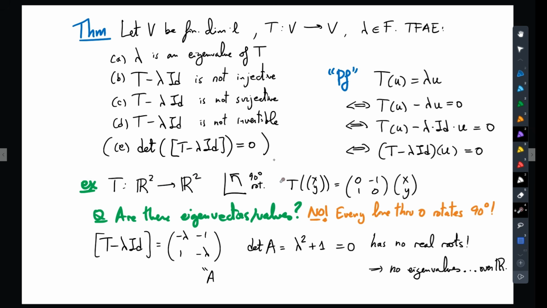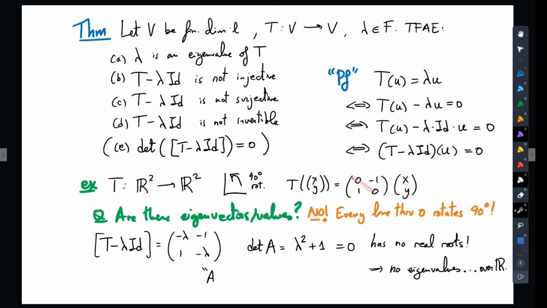So let's see how this actually tells us that I am right. Here the transformation in coordinates with respect to the canonical basis is the matrix (0, 1; minus 1, 0) times (x, y). Are there any eigenvectors or eigenvalues? If so, I can construct the operator T minus lambda times identity, which will be this matrix minus lambda times identity.